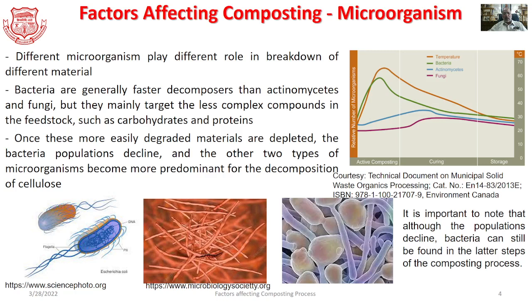So the first factor that we wish to consider here is microorganisms. This graph indicates the active composting, curing, as well as storage phases associated with the composting process at various temperatures.